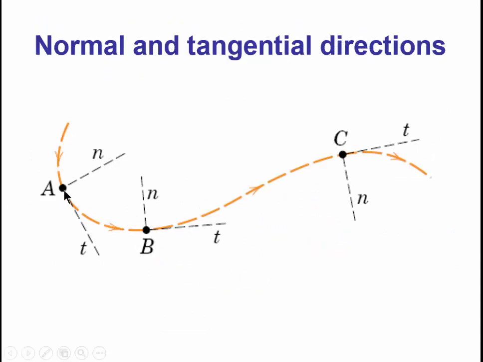So if I'm at point A going around here, the normal direction is pointing in towards the center, and this is tangent to the curve. Down at this point, the normal direction would be up here, tangent this direction, and then finally at point C, you'll notice that the normal direction kind of flips sides of that curve, because now my curve is going this way, kind of a concave down, and the tangential direction is still, of course, tangent to that path.